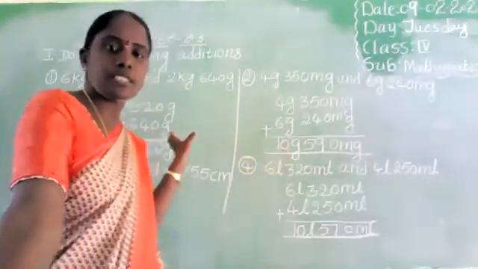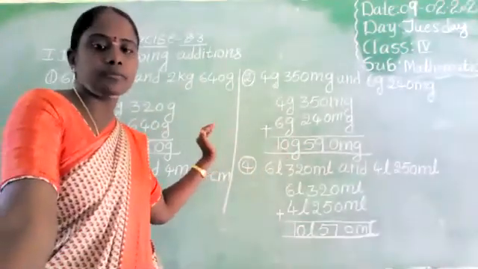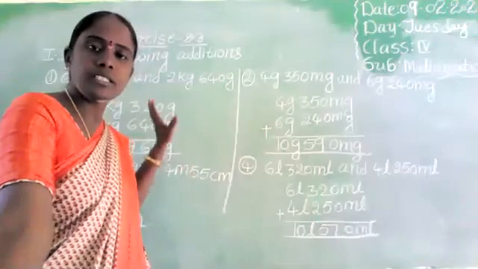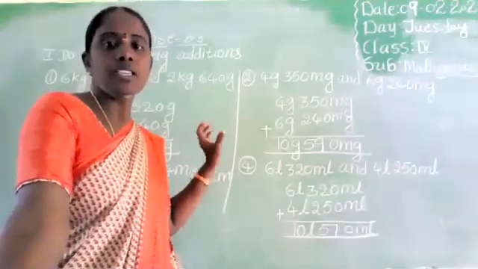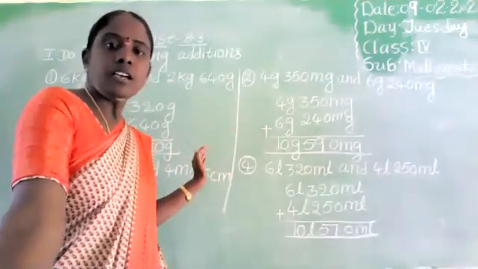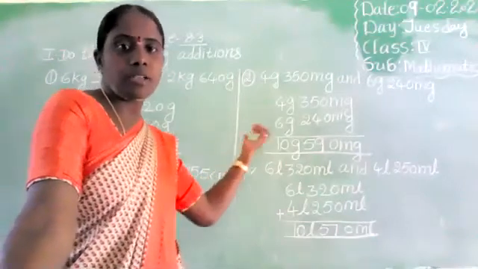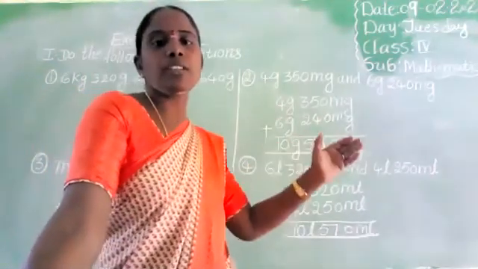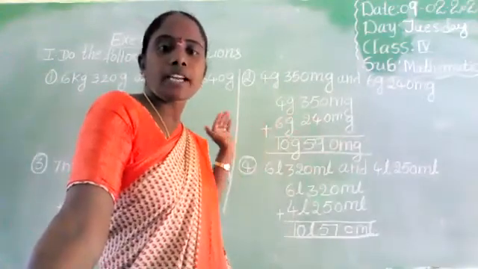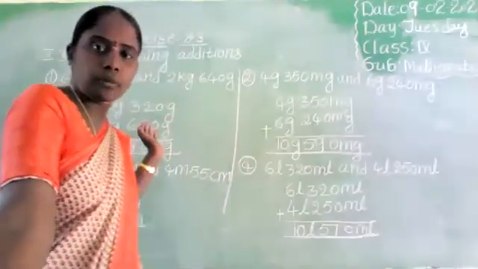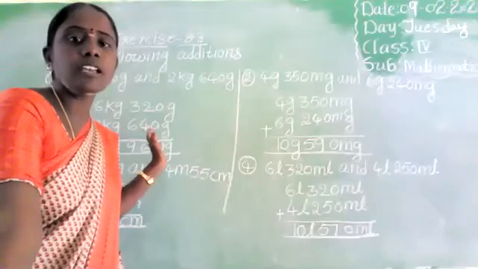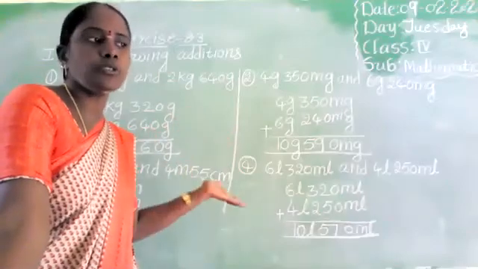Next, in length, meter is the standard unit of length. Centimeter, decimeter and millimeter are smaller units. Decameter, hectometer and kilometer are higher units, means greater units.